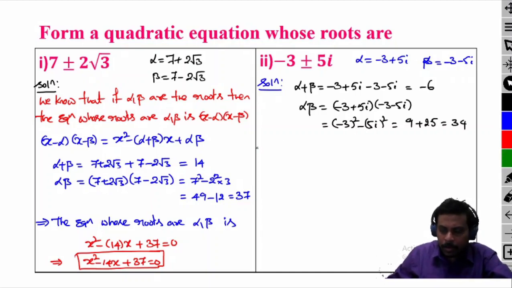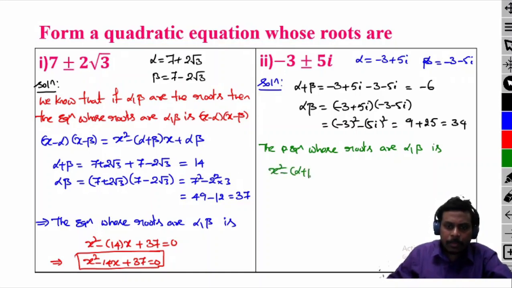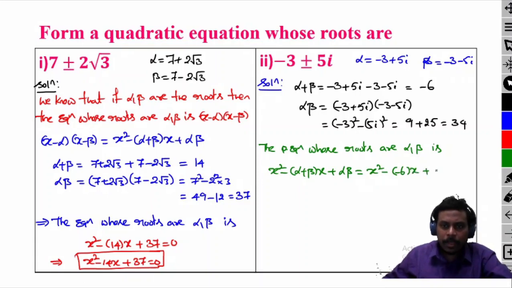Now the quadratic equation whose roots are the given alpha comma beta is x square minus alpha plus beta into x plus alpha beta, which is equal to x square minus alpha plus beta, which is minus 6, into x plus alpha beta, which is 34.